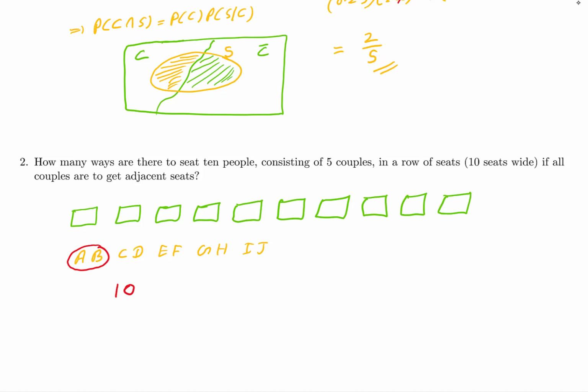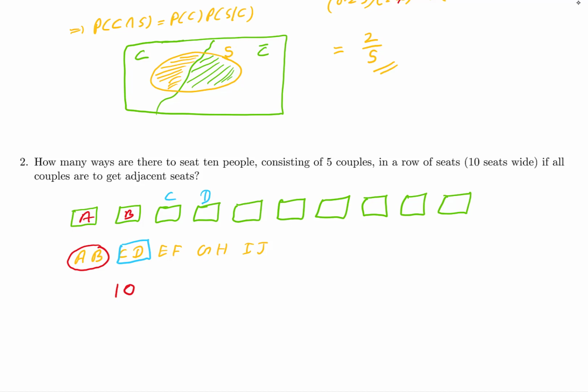Suppose now they pick this one, A, B or B, A. It doesn't matter for the first two seats, right? Now, for the second couple, we consider CD. How many ways for the CD? Yes, they have to pick this one, not the first two, because they have already booked it.